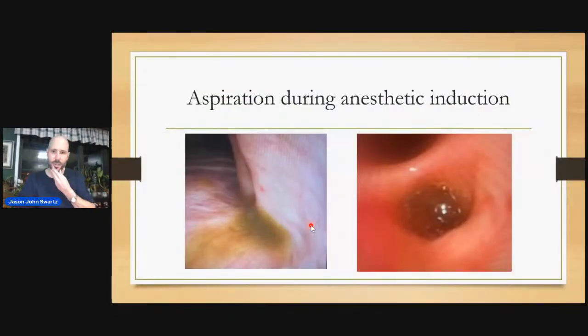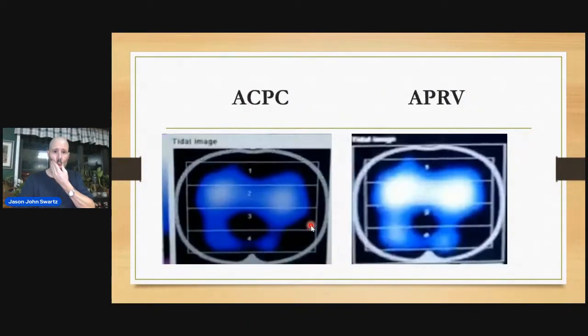Here's aspiration during anesthetic induction. This was on AC-PC. We were unable to really normalize the distribution of ventilation at the bottom part. I was called to the recovery room. I said, well, can I put the PulmoVista on and we can start seeing what's going on? The patient was on 100%, satting like 88 or something. Tried various recruitment maneuvers.